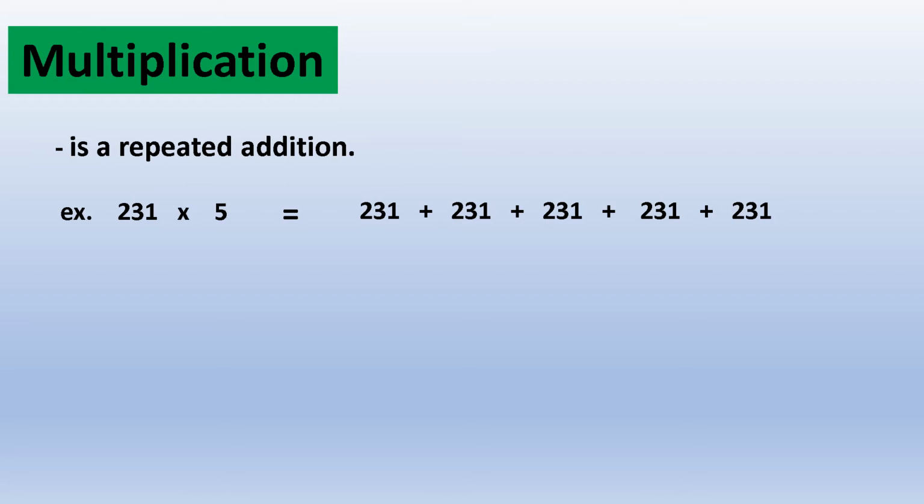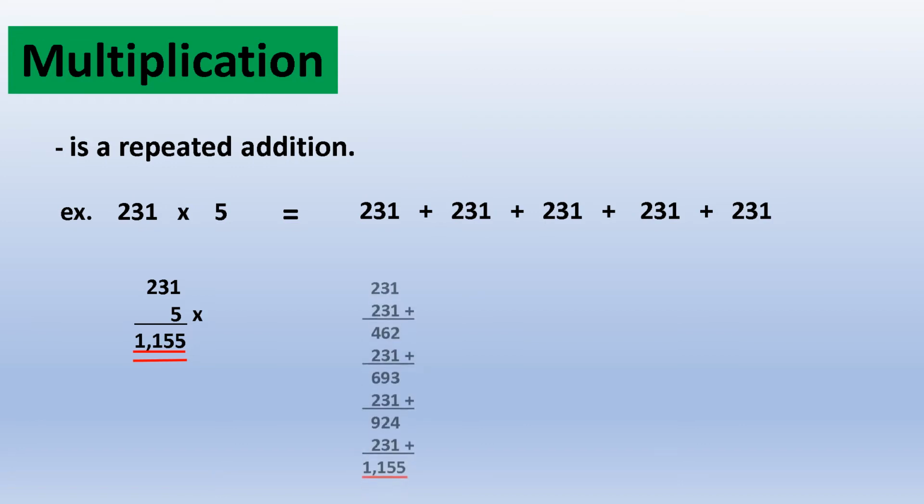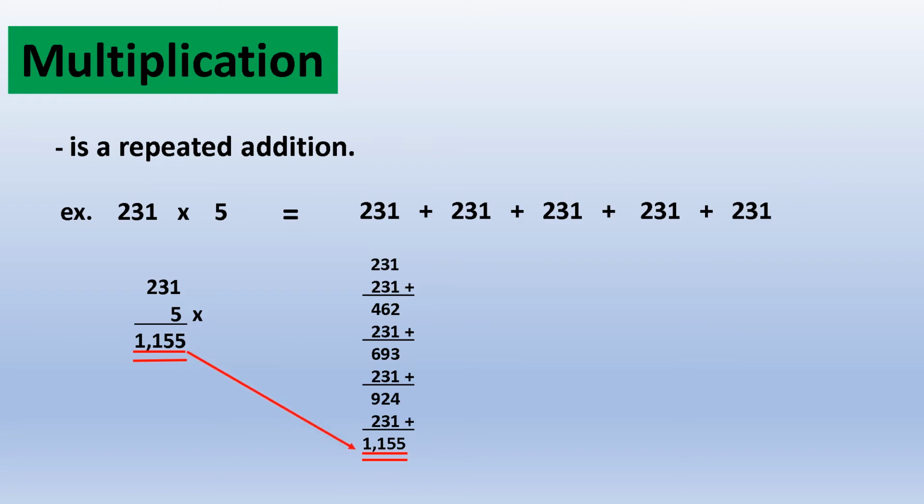So if you multiply 231 and 5, the answer is 1155. And if you also add 231 five times, the answer is the same, 1155. So, multiplication is a repeated addition.